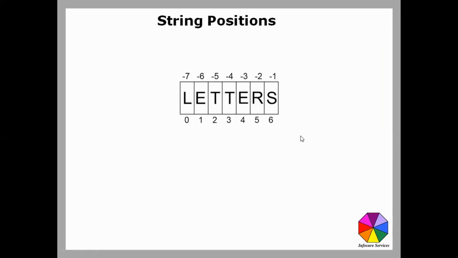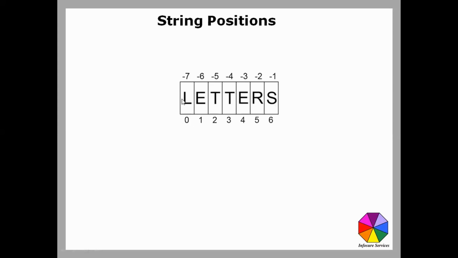Are you seeing my screen? Yes. Okay. String positions. In a string, you have a string called letters here. I placed each letter in one box. Python can loop through a string. Python has string indexes or string indices for each of the letters.